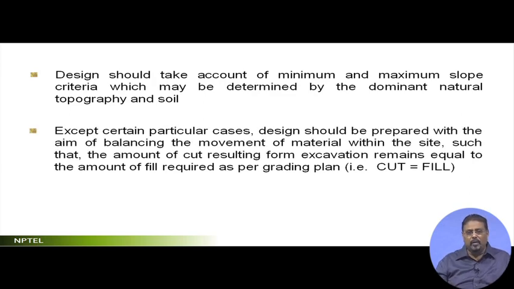This is another very important criterion that you should note and always keep in mind. Out of this entire list of criteria, if I say two criteria you should keep at the back of your mind, one is minimum soil movement, so maximum on the same slopes, and the second one is this one.